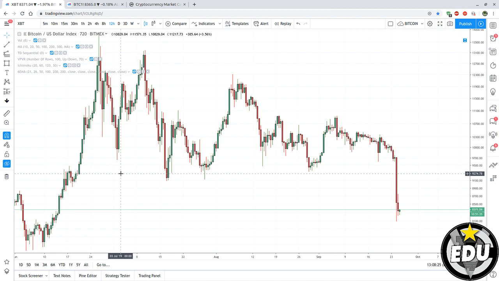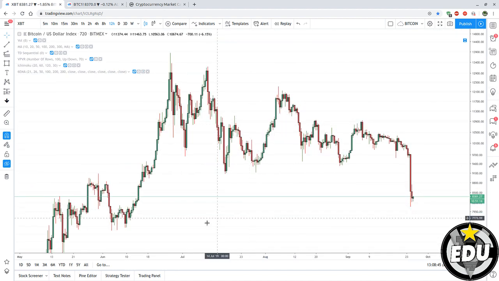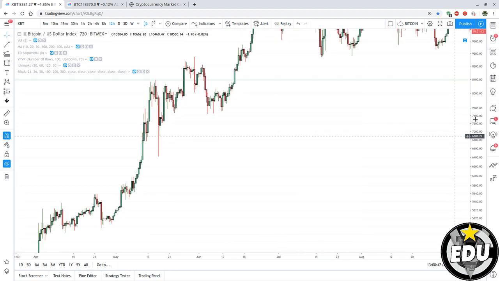But can a retailer just dump that? No, it can't. So every time you see small candles that go up here, that's just retailer buying. Then when you see a massive sell-off or a massive red candle, that's pretty much sellers. The same thing that happened here.